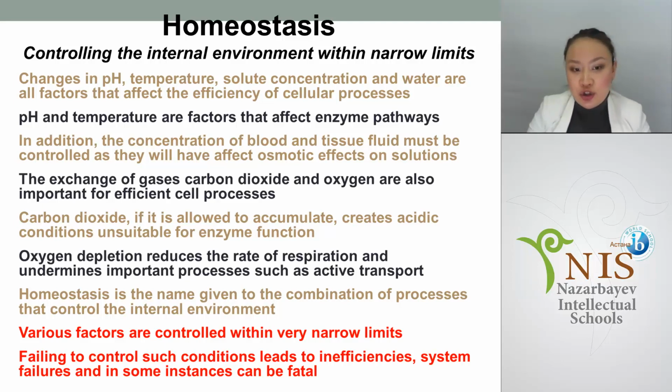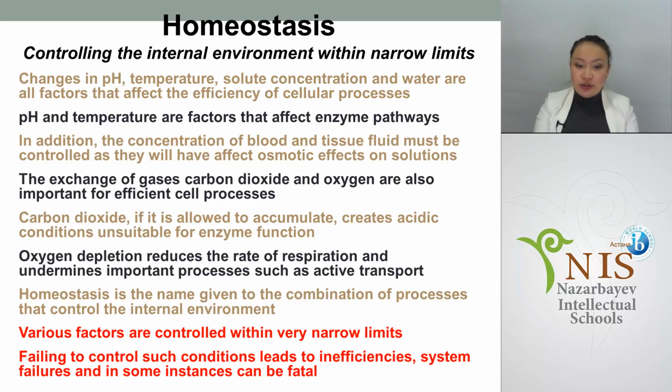Changes in pH, temperature, solute concentration, and water are all factors that affect the efficiency of cellular processes. pH and temperature affect enzyme pathways. In addition, the concentration of blood and tissue fluid must be controlled, as they will have an osmotic effect on solutions.